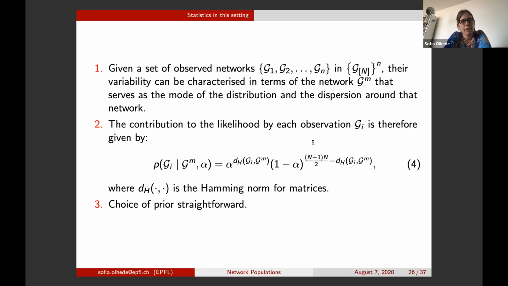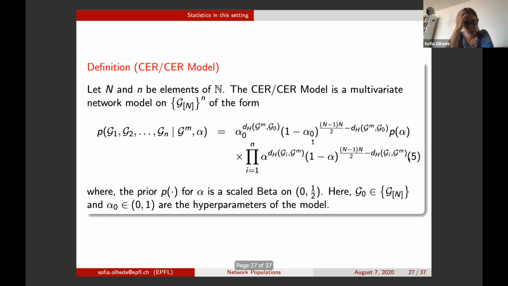And the prior you can choose from basically the setting of how people choose priors for coin tosses in general. So you easily get a form of the distribution, and you have a multivariate network model. The prior is a scaled beta, and you get a number of hyperparameters, which really has to do with this parameter alpha, which is telling us how we're contaminating our networks.